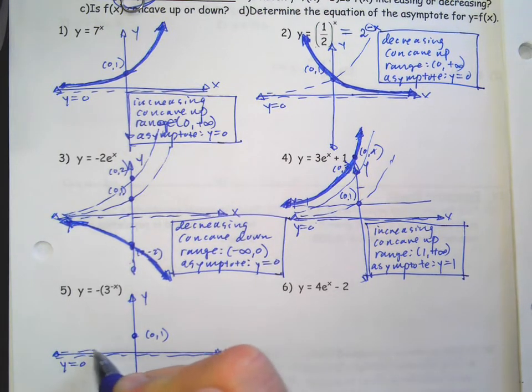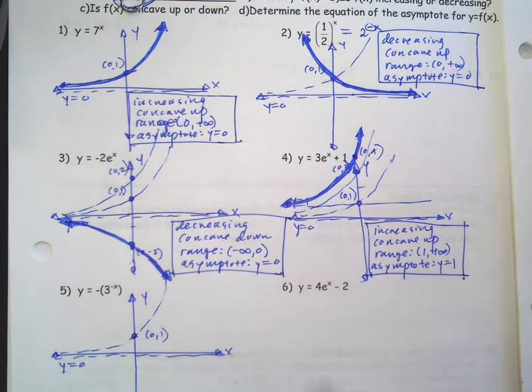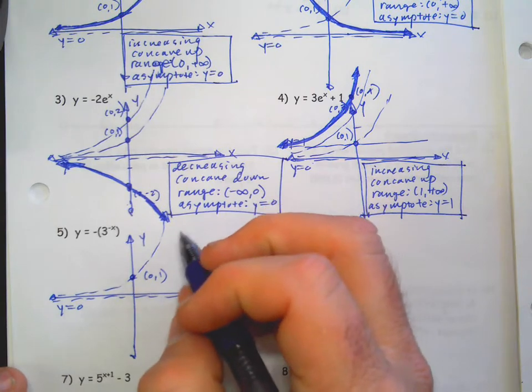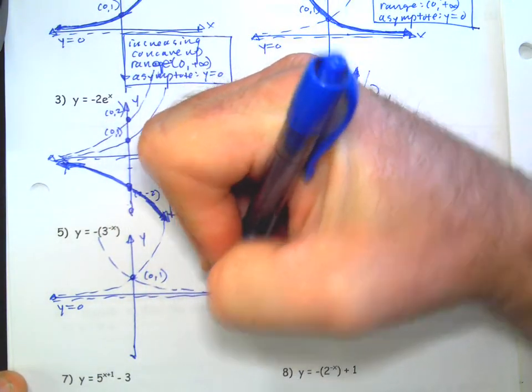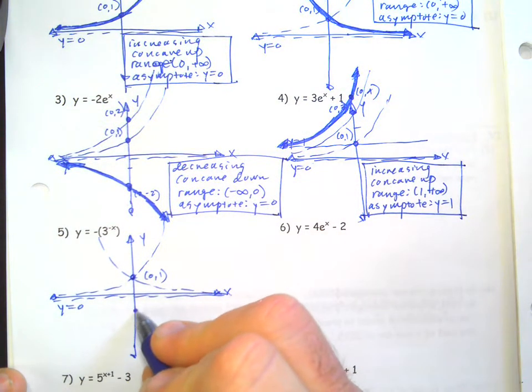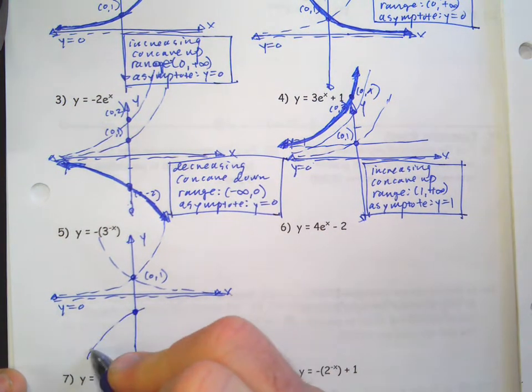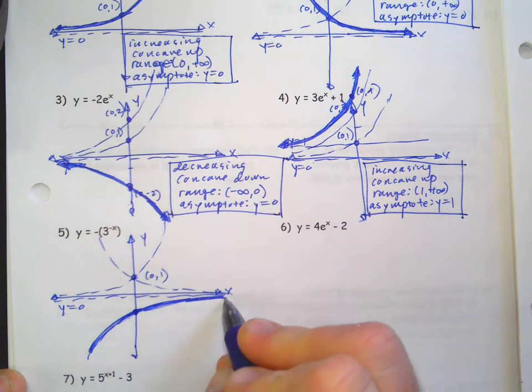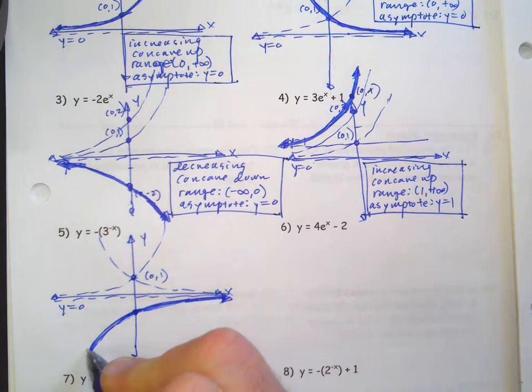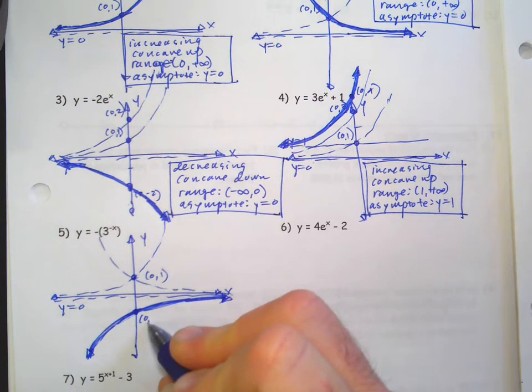Okay, next one. So the parent function is y equals 3 to the x, and then the negative on the inside, I work from the inside out, order of operations. The negative on the inside flips across the y-axis. The negative on the outside flips it upside down. So that's your final graph. And we're keeping track of these.